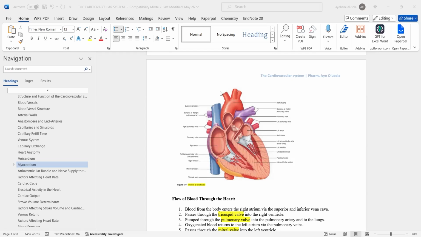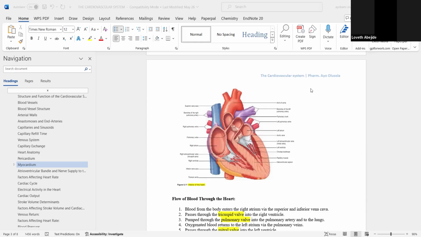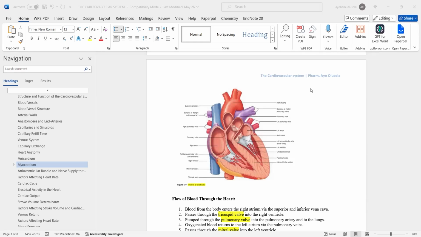Yes, it becomes oxygenated. So after it becomes oxygenated, where will it go to? The left atrium. What will carry it to the left atrium? The pulmonary vein.